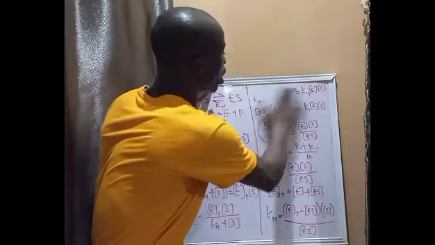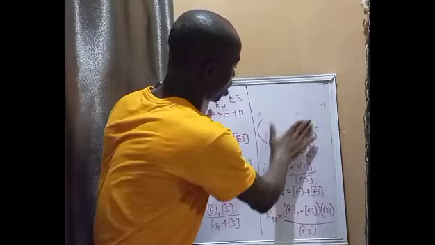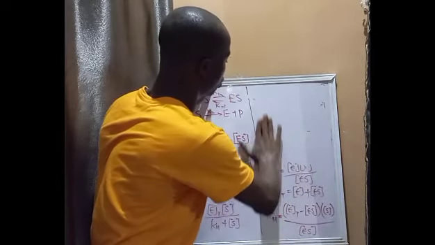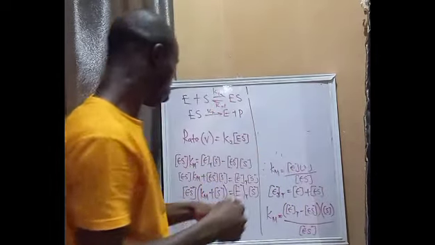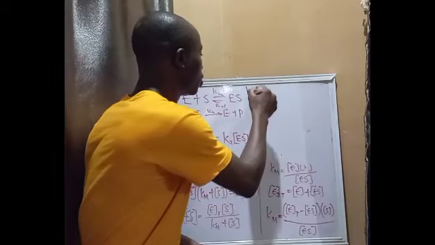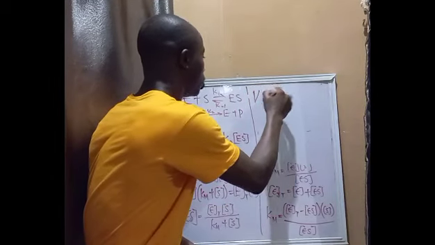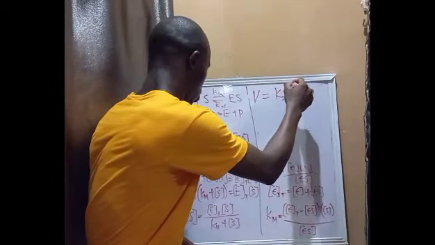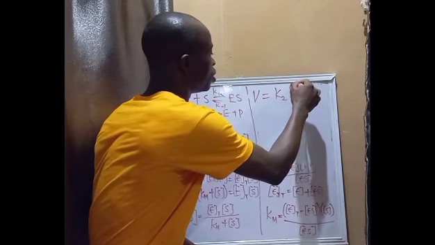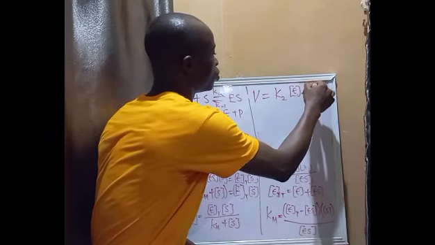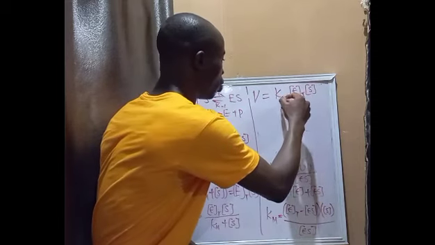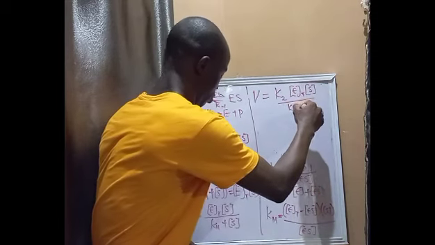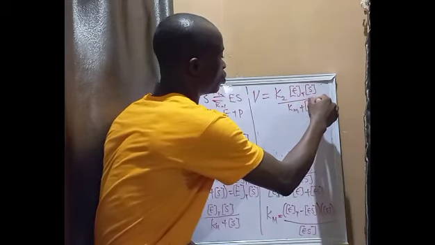By substitution, the rate, which is V, will be equal to K2 times the concentration of the enzyme total and the concentration of the substrate, all over Km plus the concentration of the substrate.